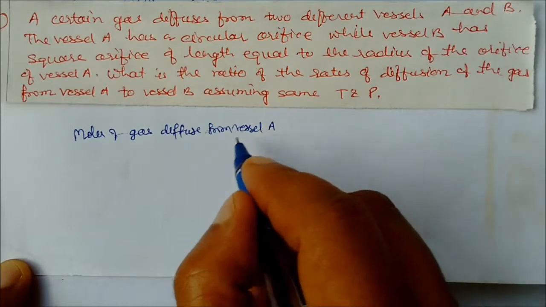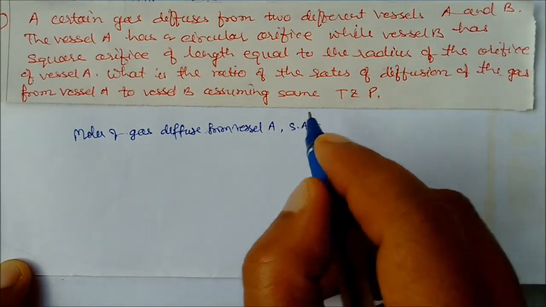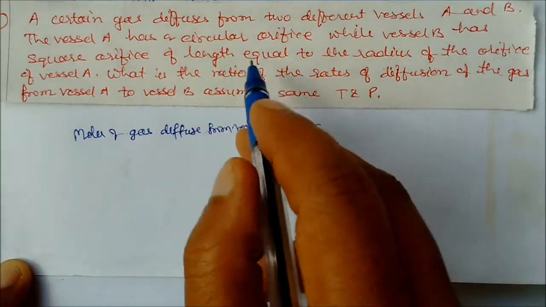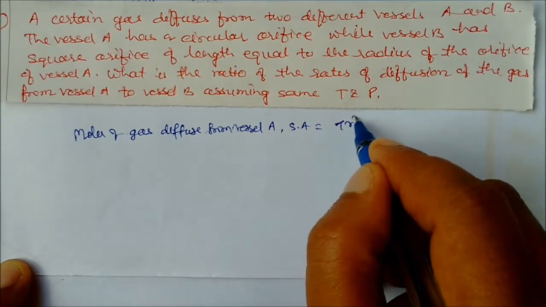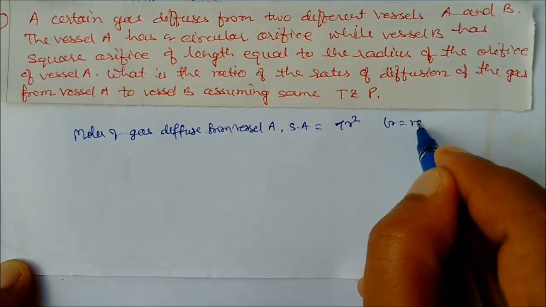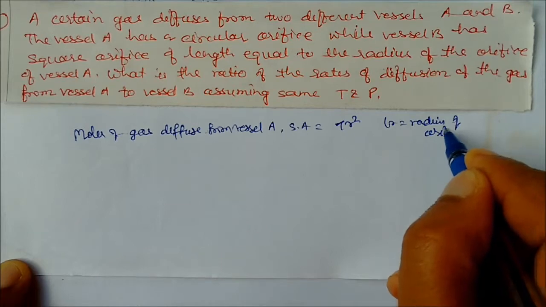And the surface area they have given. Suppose it is circular, so you take the radius. If you take the radius, it will be pi r square, where r is the radius of the orifice.